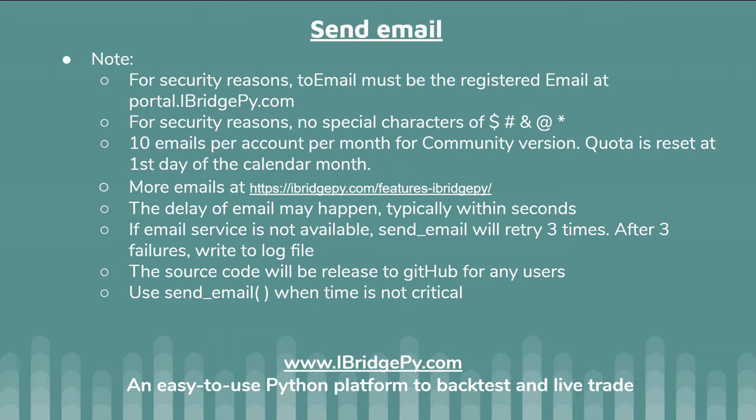The next thing is, for each account, you can send out 10 emails per month for the community version. The quota will be reset on the first day of the calendar month so that you can continue to use the send out mail service if you have used up 10 emails per month.